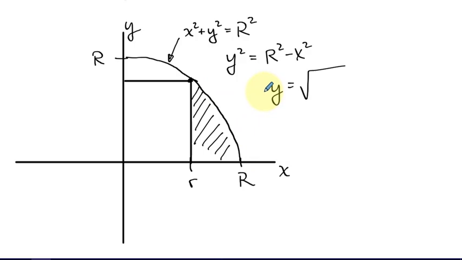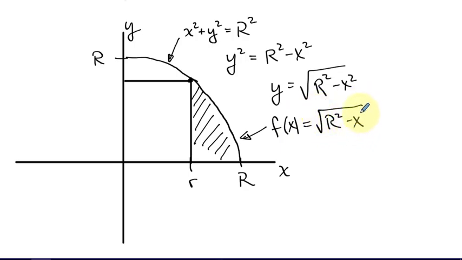So y is positive in this interval, in this region that we're going to rotate. So the function that I want to work with is f of x equals the square root of big R squared minus x squared.